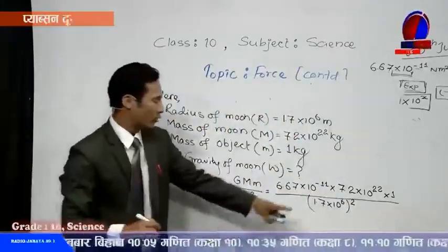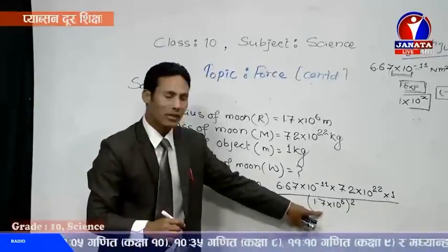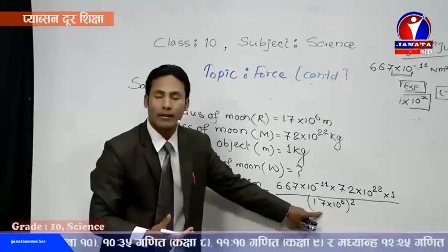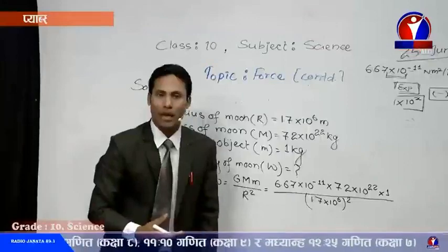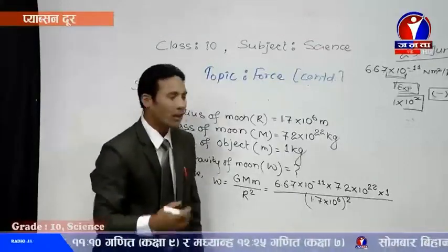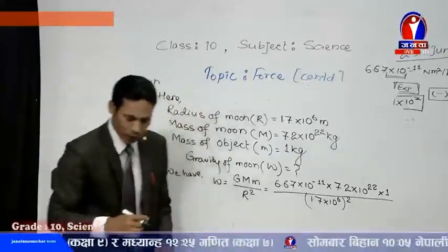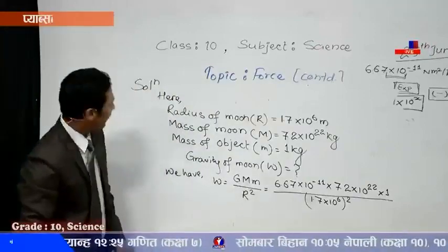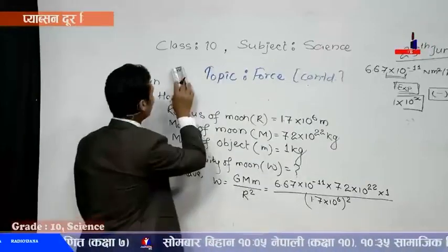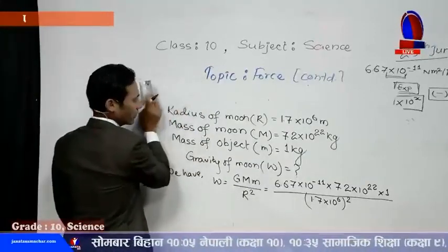Let's not forget to square this. Sometimes we may forget to square this, and in that case the numerical problem may go wrong. So let's be careful about this square also, right? Let's simplify this.